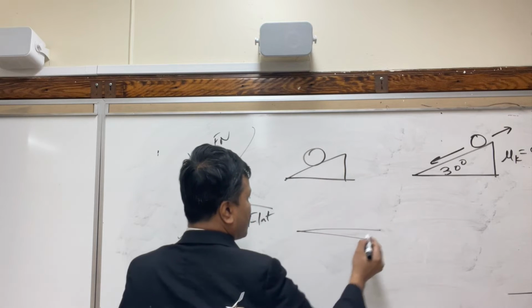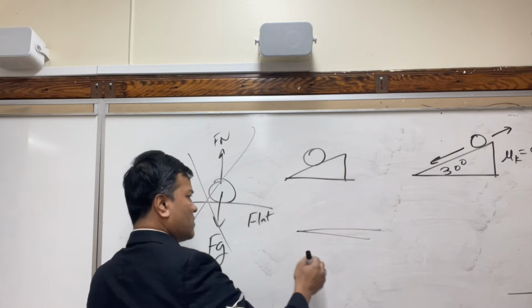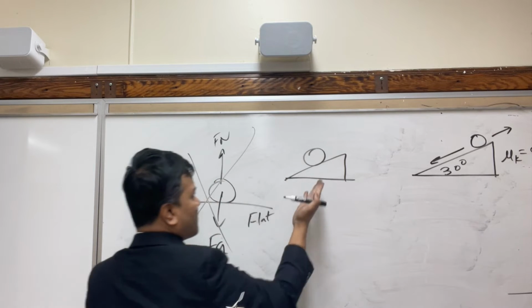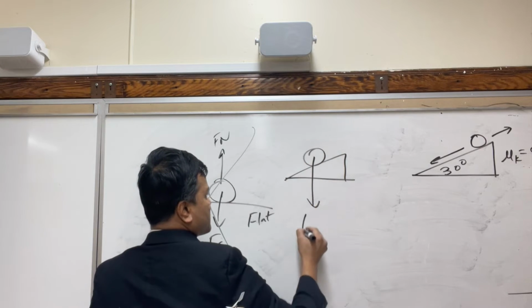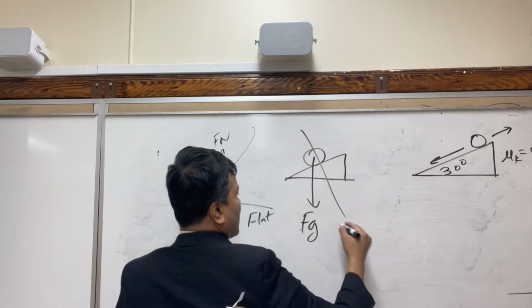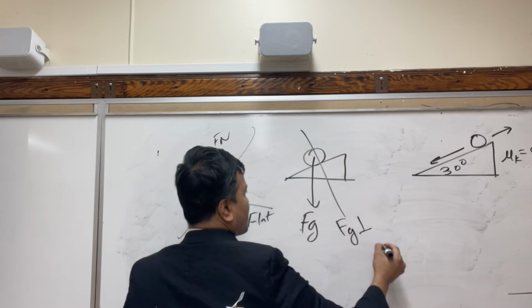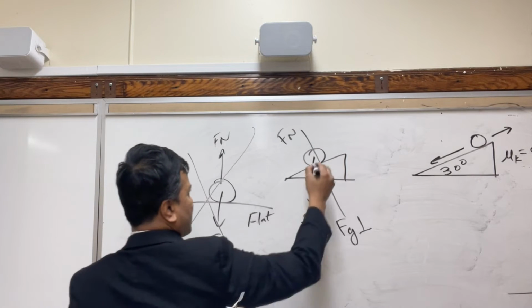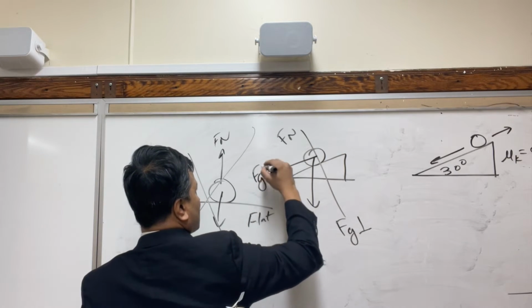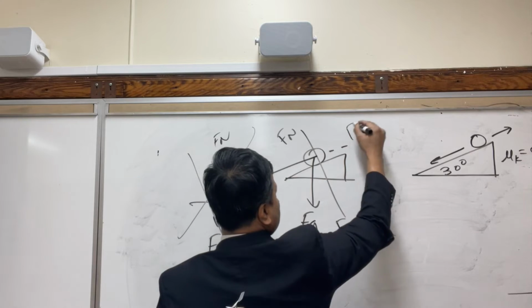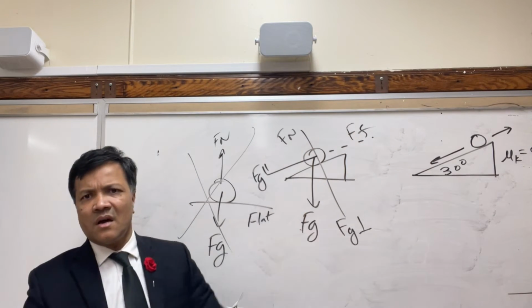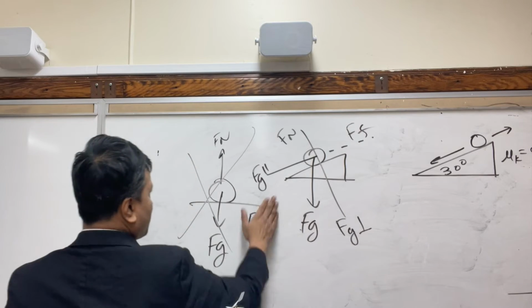So the gravity has two components. Fg perpendicular, which has another name, Fn, and Fg parallel, which has the opposite direction, because if you move this way, friction tries to stop you. Okay, so far so good.